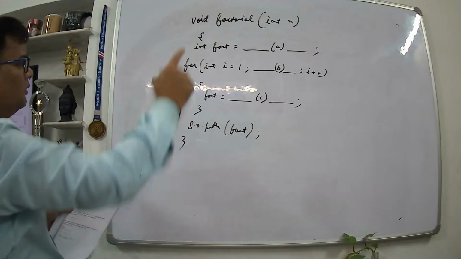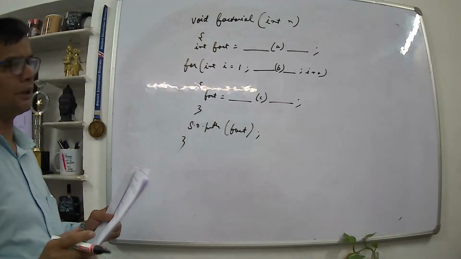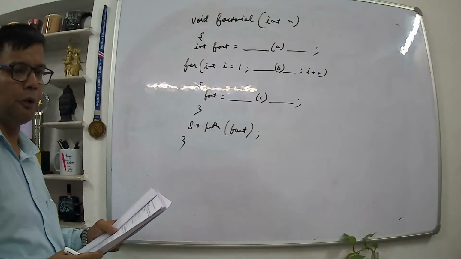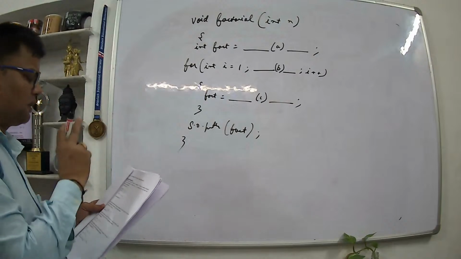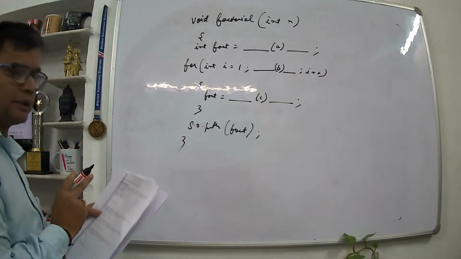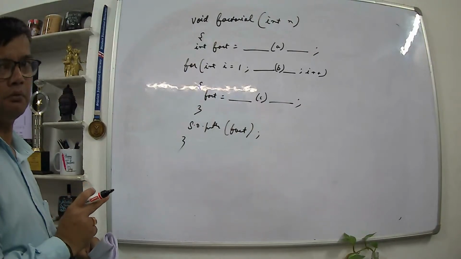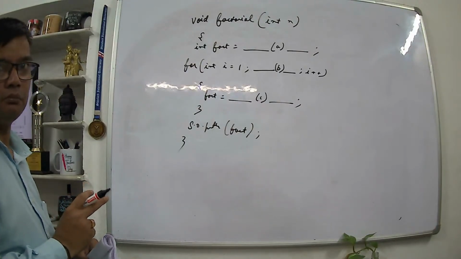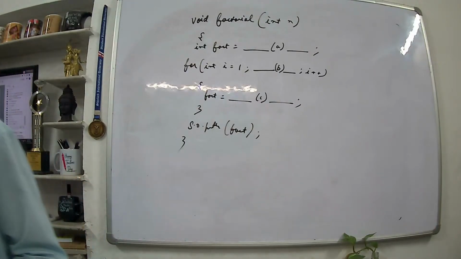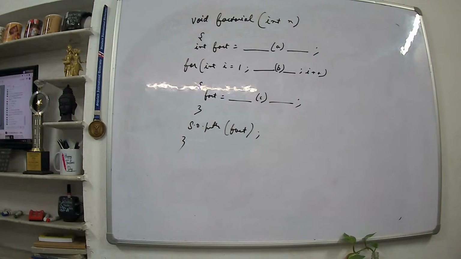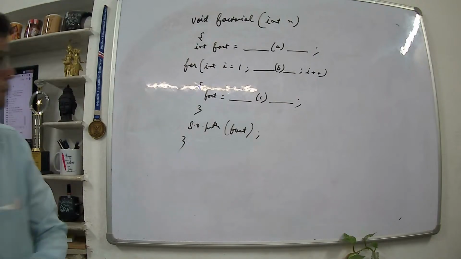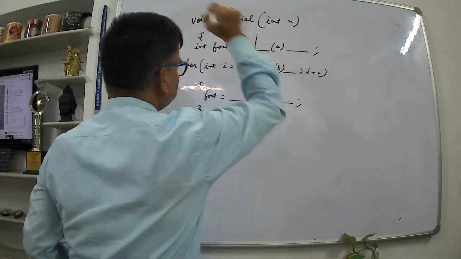So we have A, B and C. These are the three blank spaces and we have to find what option will be filled here. Our first one, A, int fact is equal to, we need to initialize it. Factorial we have to find, so it should be initialized with 1.